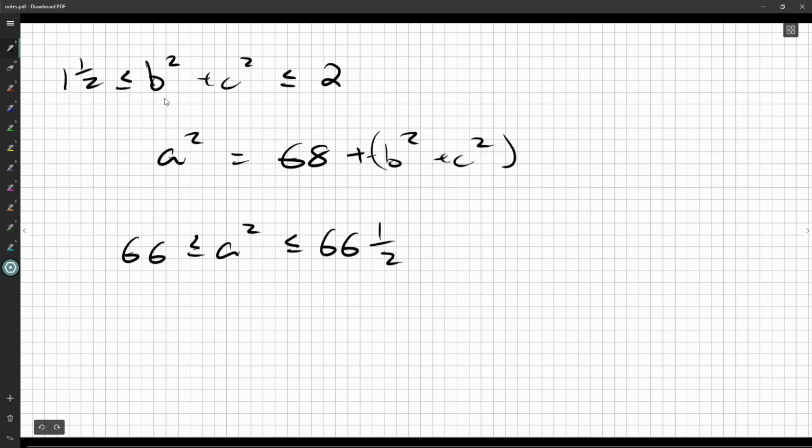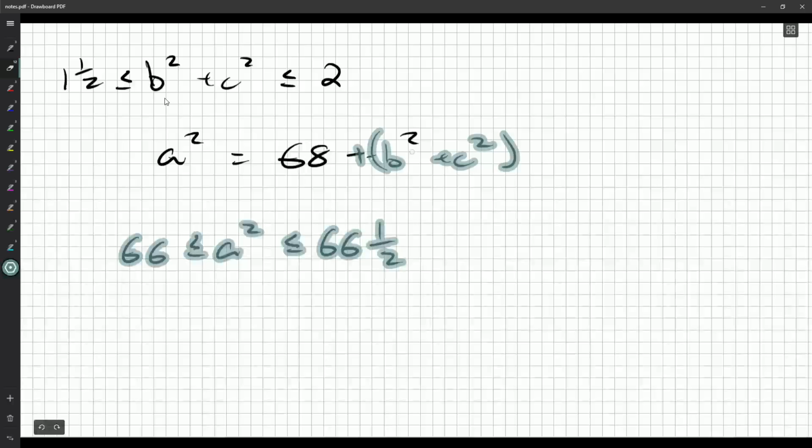And that would tell me that A is definitely closer to 66. So if we could do something like that, that would be great. I don't know if we can, but we can certainly try and experiment a little bit.